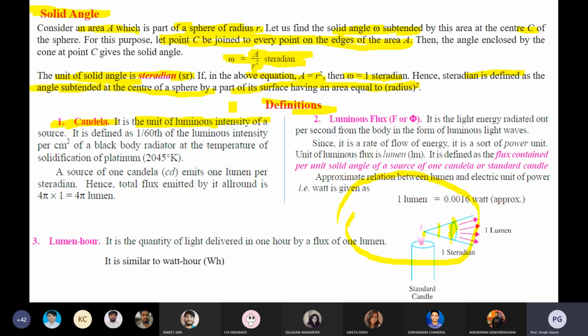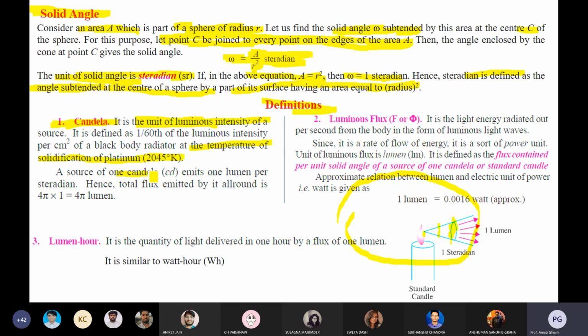It is defined as 1/60 of the luminous intensity per centimeter square of a black body radiator at the temperature of solidification of platinum, 2045 degree Kelvin. That is the standard one.